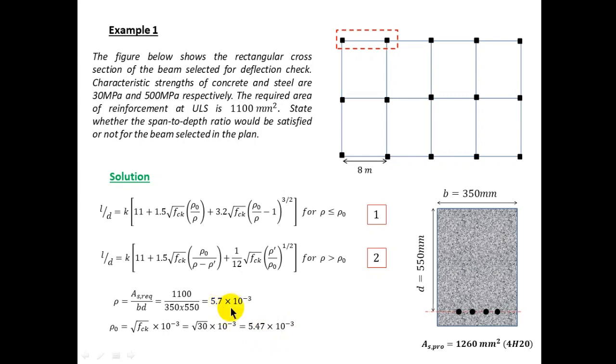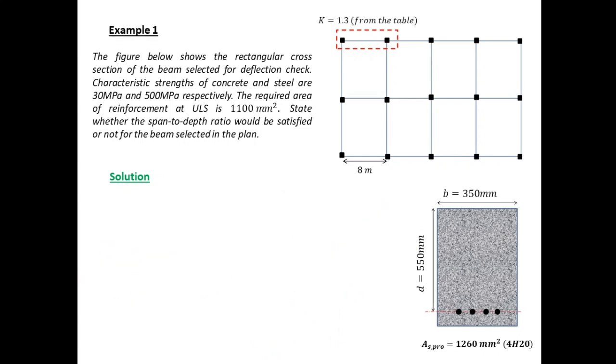This one is clearly bigger than this, so I'm using the second equation. The K, if you refer to that table, you'll find to be 1.3. This is a continuous beam, and this particular one is an end span continuous beam, so my K is 1.3.